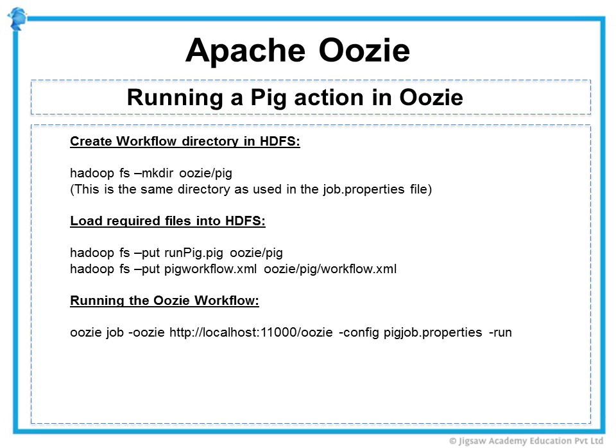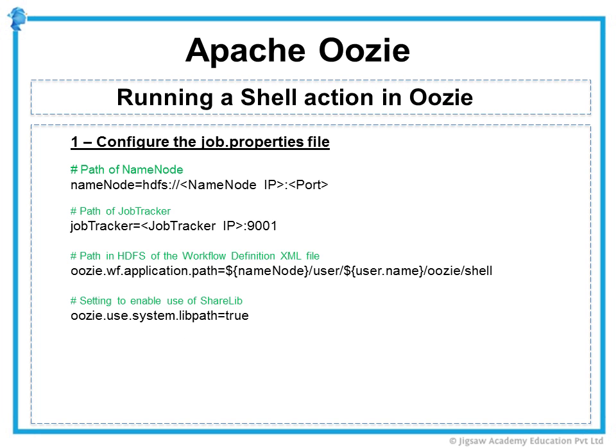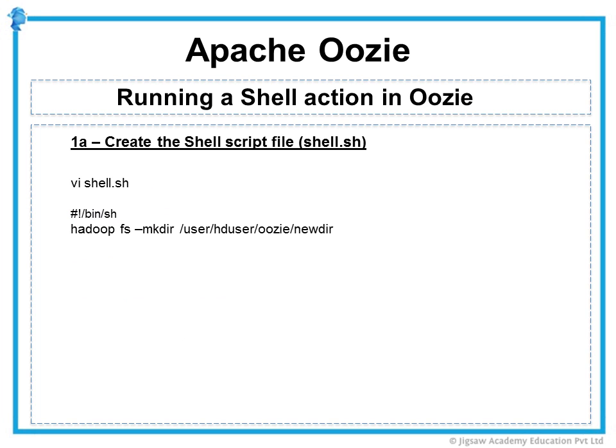So you would need to first configure the job.properties file, which is the same that we've used for the pig and sqoop action. Then we need to have a command which will basically create a directory in HDFS, right? And I'll store that as a shell script file, right?